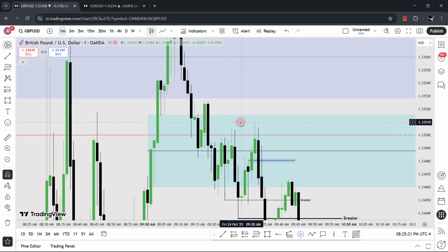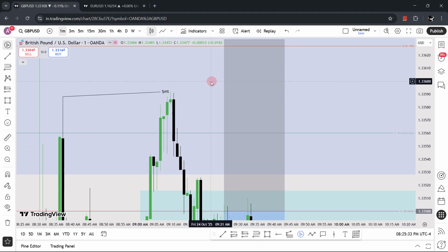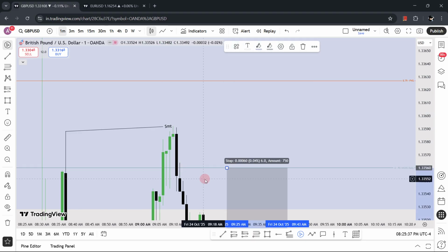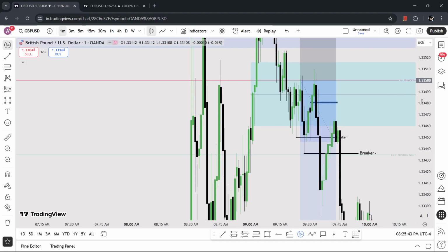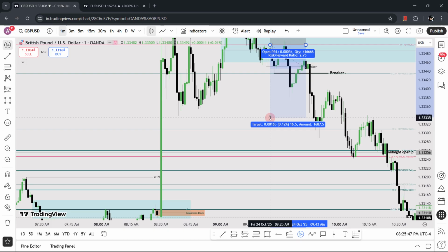I took an entry here. I put my stops there around 60 pips, I think, 50 something, I don't know exactly.